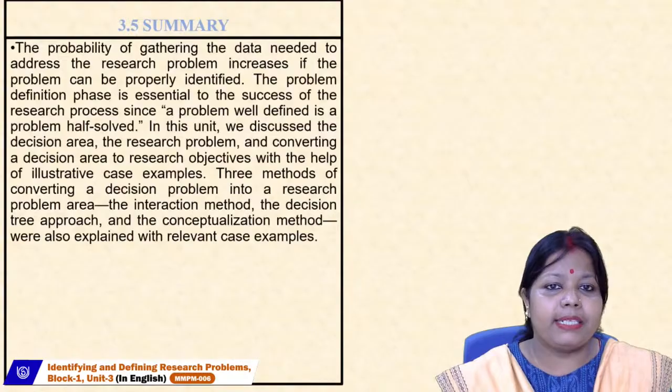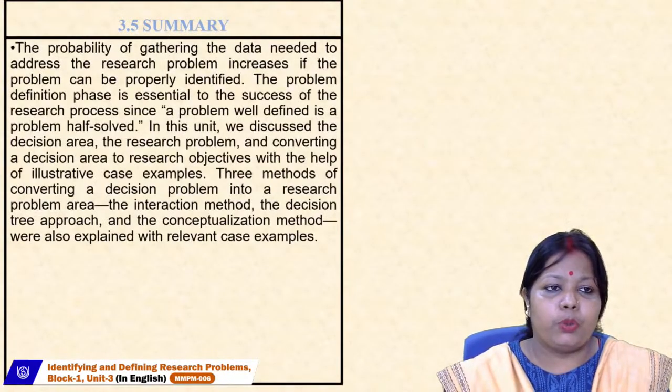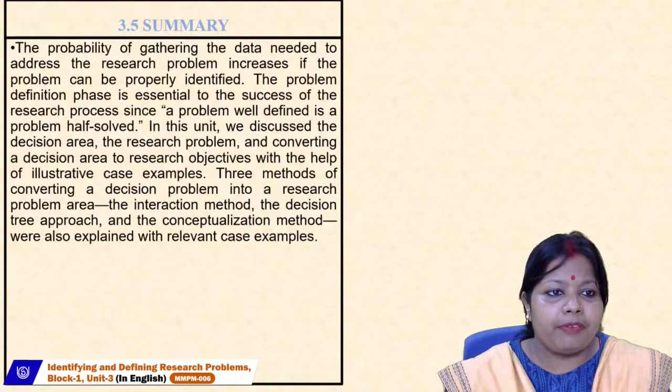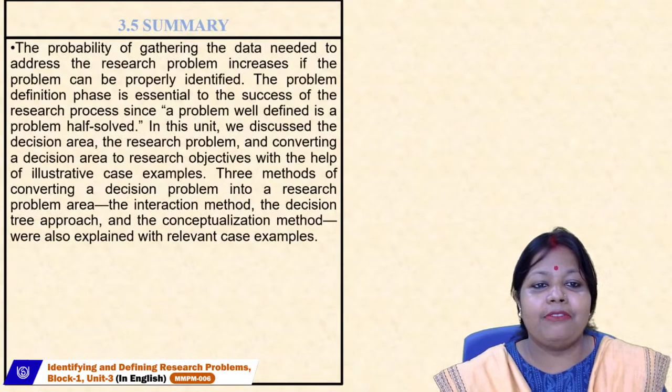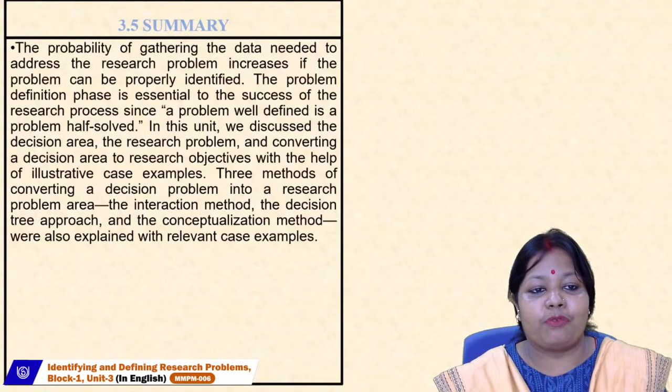In summary, we can say the probability of gathering the data needed to address the research problem increases if the problem can be properly identified. Problem definition is essential to the success of the research process, since, as we initially discussed, a problem well defined is a problem half solved.